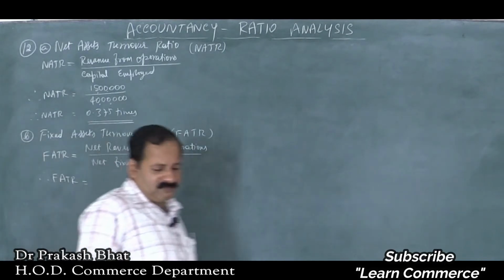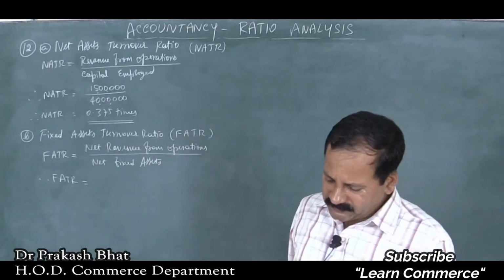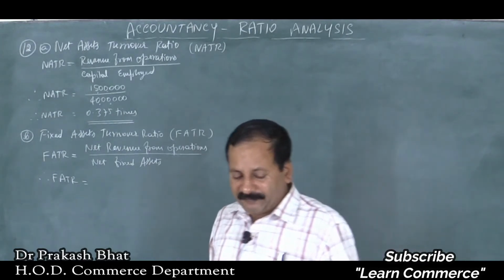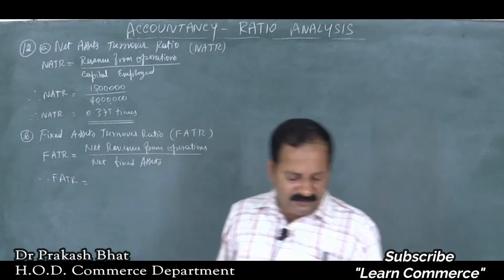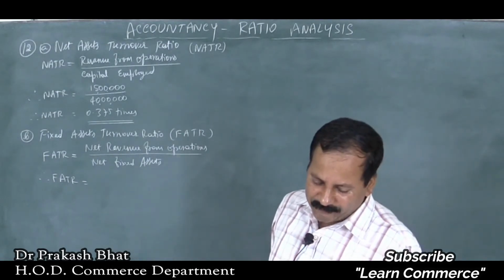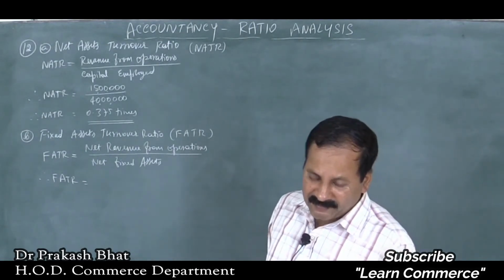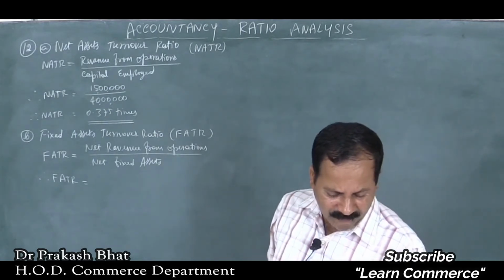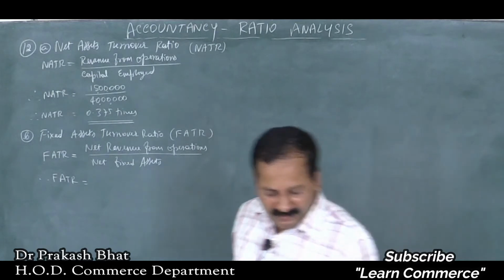net revenue from operations given in the problem, right? Revenue from operations itself is net because there are no sales returns, 15 lakh divided by net fixed assets. Net fixed assets already given in the problem as 50 lakh, isn't it? 15 lakh divided by 50 lakh.